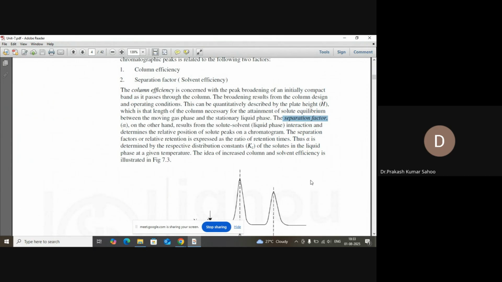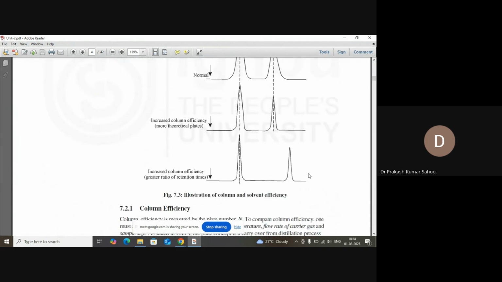The interaction determines the relative position of solute peaks on the chromatogram. The separation factor, or relative retention, is expressed as the ratio of retention times. Thus, alpha is determined by the respective distribution constants Kc of the solute in the liquid phase at a given temperature. The idea of increased column and solvent efficiency is illustrated below.